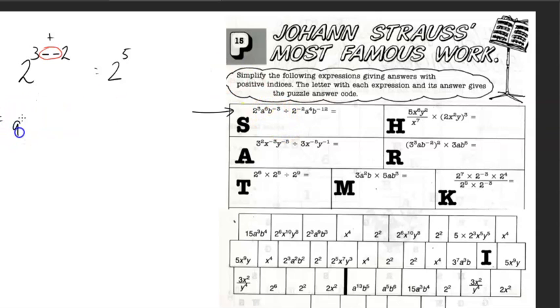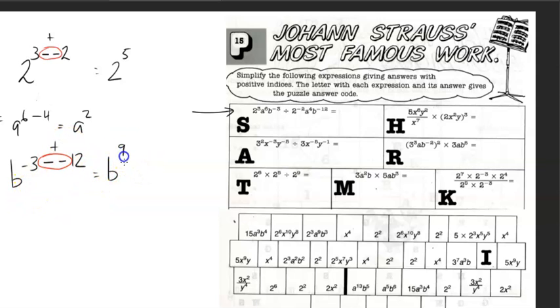a to the power 6, take away, because it's division, 4. This ends up being a squared. And the b component, b to the power of negative 3, take away negative 12. Two negatives turn into a positive. So this is b to the power of negative 3 plus 12.